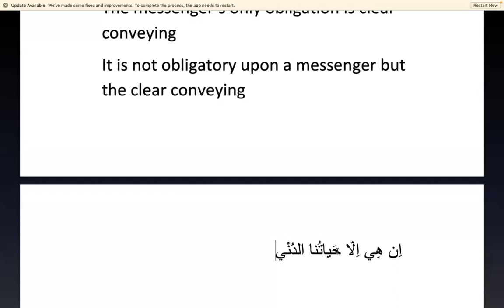So how will you translate hayatuna dunya? This worldly life of ours. This lowest life of ours, or worldly life of ours. Correct. Or you can simply say our worldly life. Simple. Correct? Our worldly life, or worldly life of ours, right?